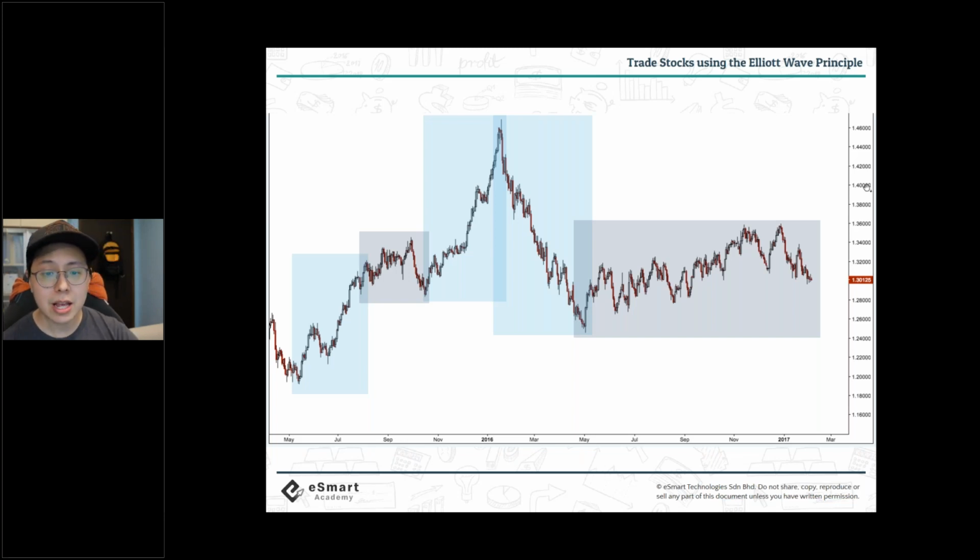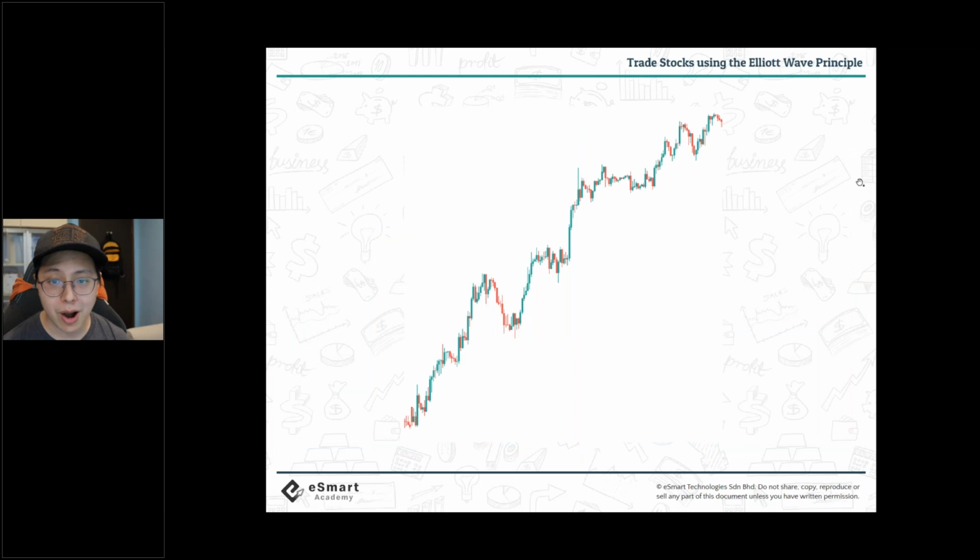So let's move on a little bit to the practice side. I will draw out part of this chart, and I want you to practice and at least answer to yourself: is it an impulse or is it a correction?